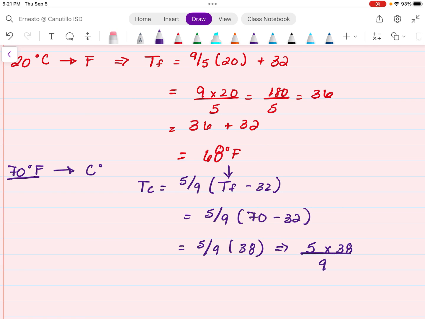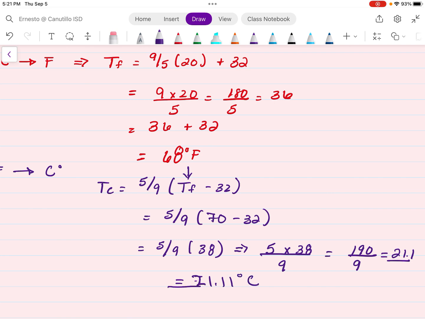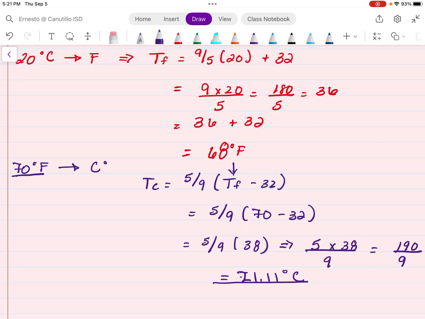So 5 times 38 gives me 190, and then divided by 9 gives me 21.1. So 70 degrees Fahrenheit is equal to 21.11 degrees Celsius. That's it. Very, very simple.